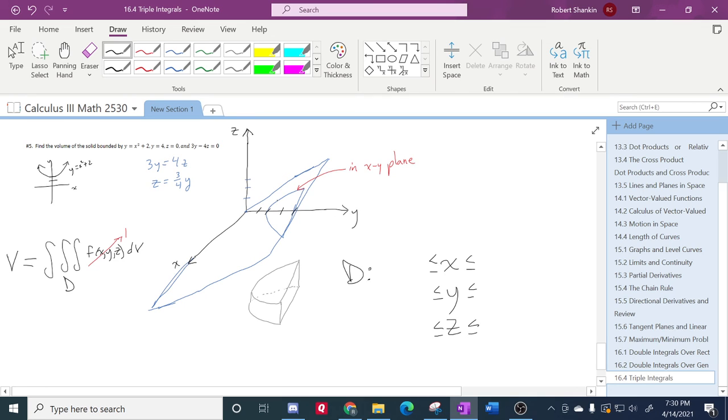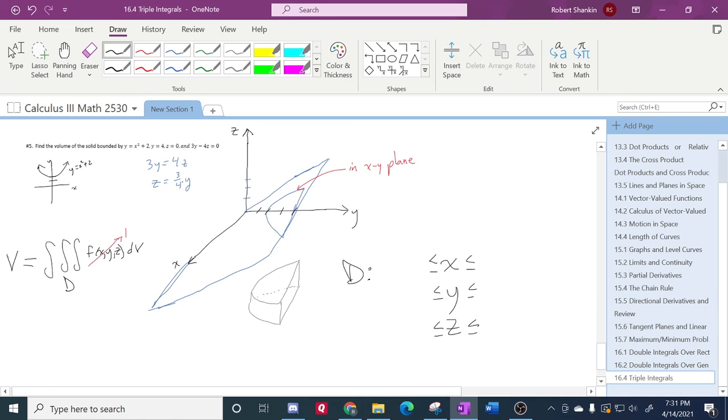I find out how far Y goes, and then I plug in the Y value into the Z equals 3 fourths Y. So the biggest that Y can be is 4, plug that in and that's 12. No, I plugged it into the modified expression.